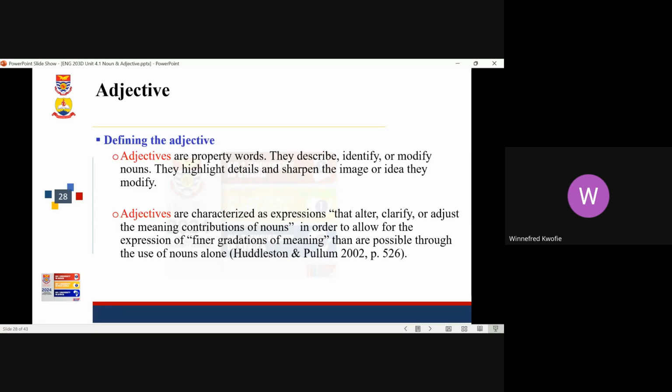They make the meaning of nouns clear. So if I say the boy came here, which boy? Boy is a noun, but which boy am I referring to? So the tall boy, the young boy, the old boy, those words, tall, young, old, will help to identify the particular boy that we are talking about.